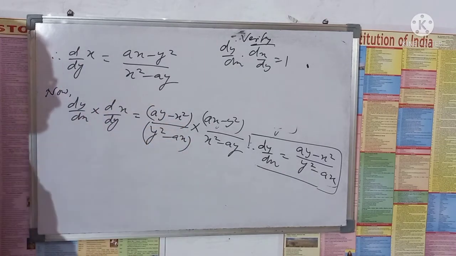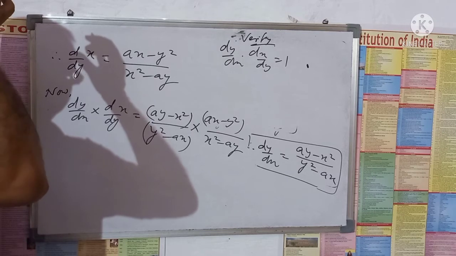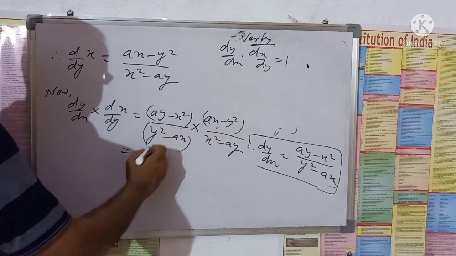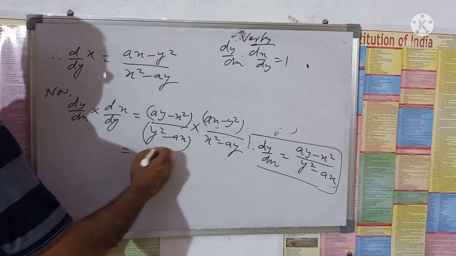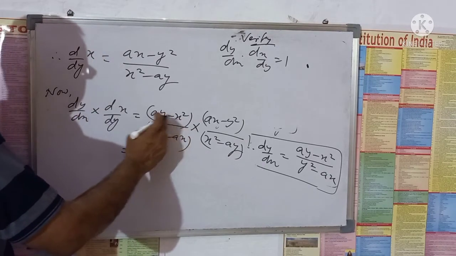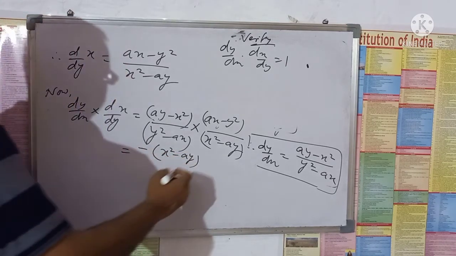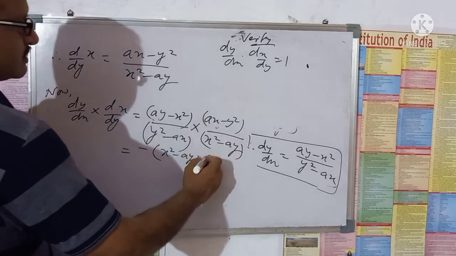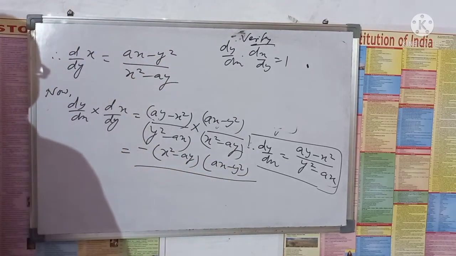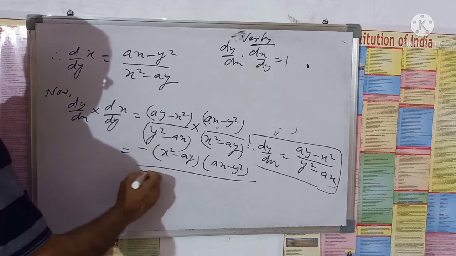Take the minus sign common from the first bracket. We can write (x square minus ay) over (ax minus y square). Again take the minus sign common from the denominator bracket.